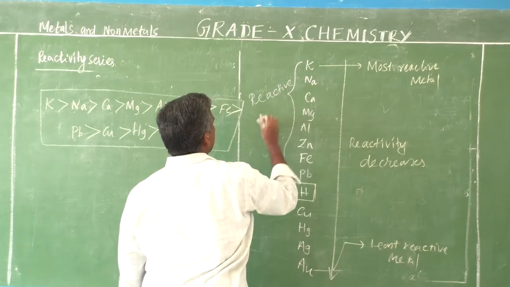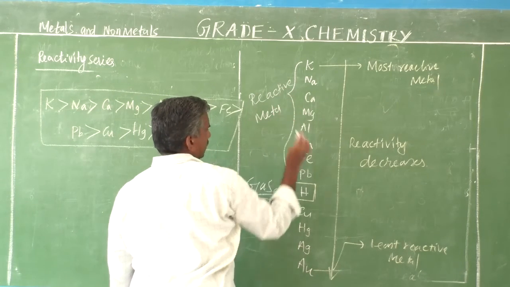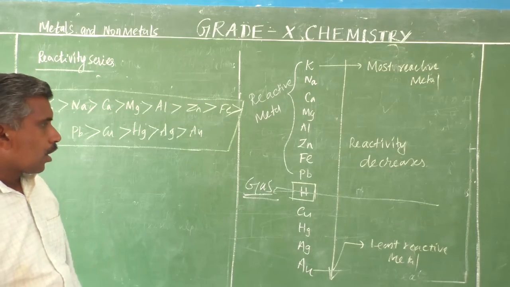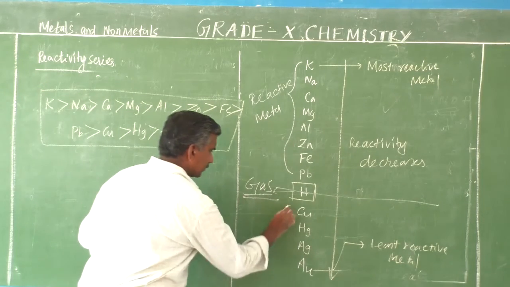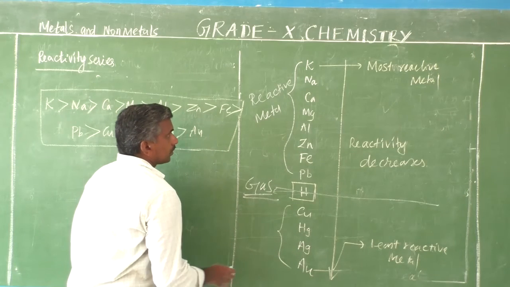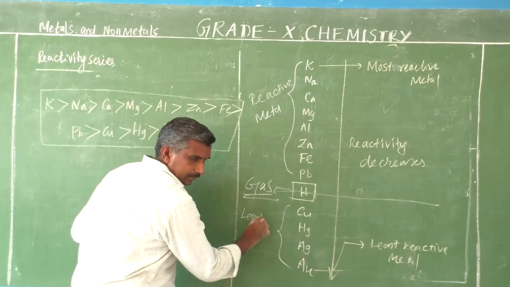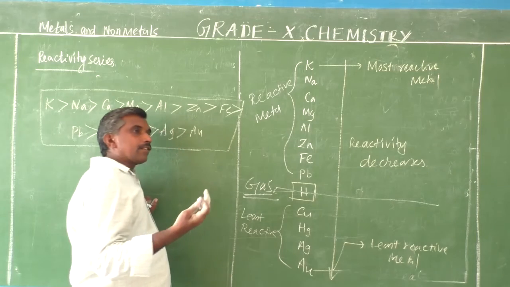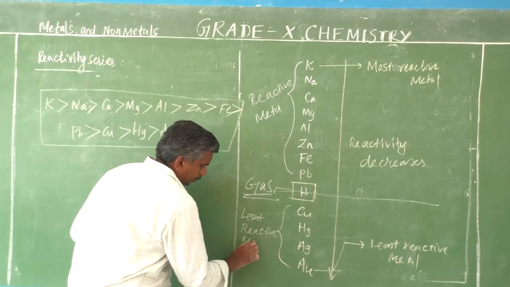Hydrogen is a border. Below the hydrogen are the least reactive metals.